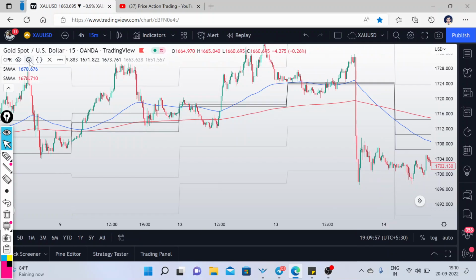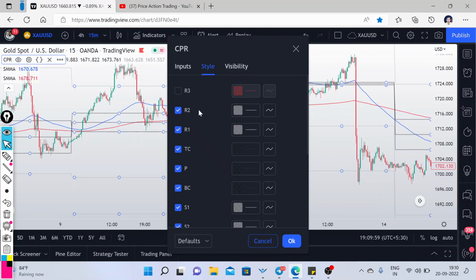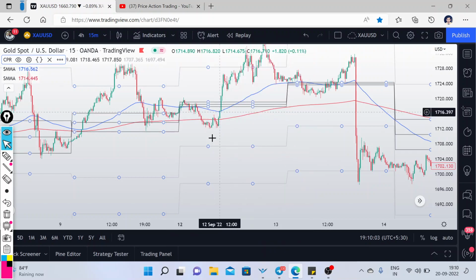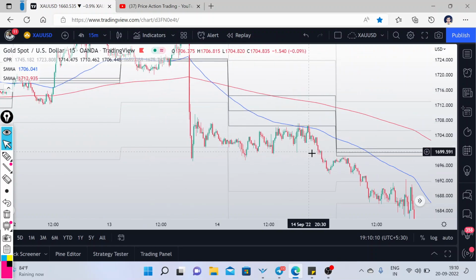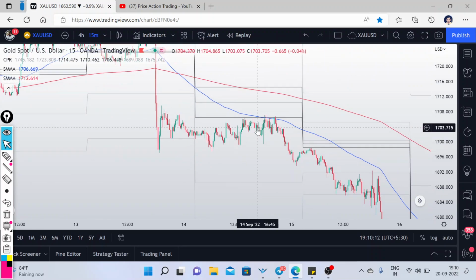You can see there is a settings option, you can customize it from here. You just have to find any CPR, because most of them use the same script, and you can use any of them. And the color, as you can see, I have changed the color. You can change it as per your need or convenience.